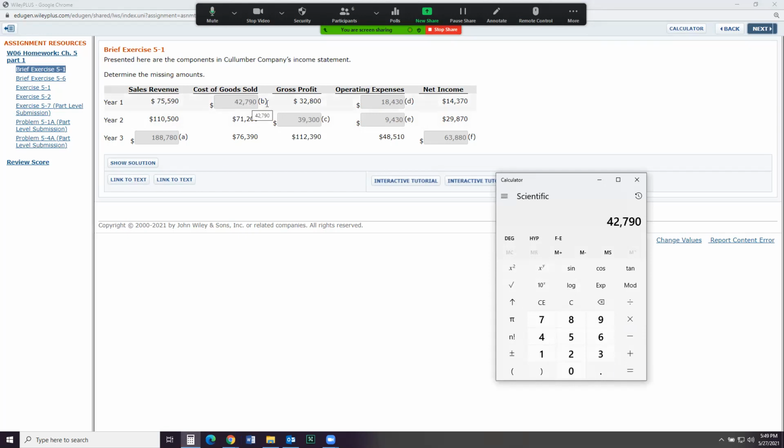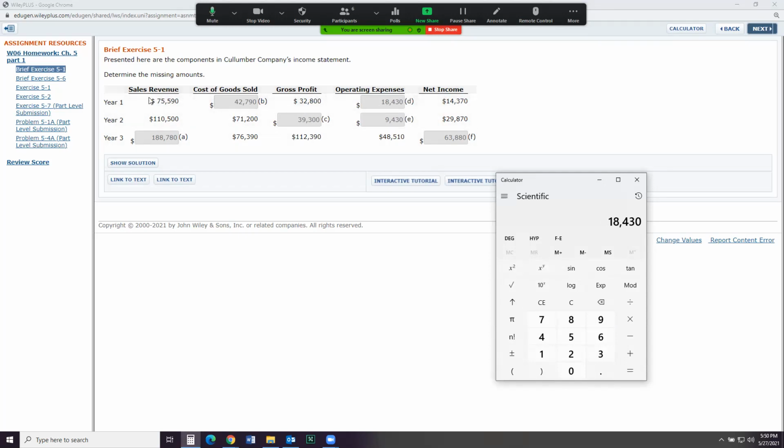Gives me 42,790. And then I know my gross profit minus my operating expenses will be net income. So if I change that algebraically, gross profit minus net income will give me the operating expense. So 32,800 minus 14,370 should give me 18,430.